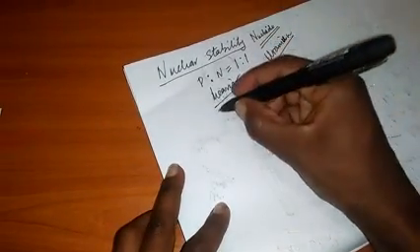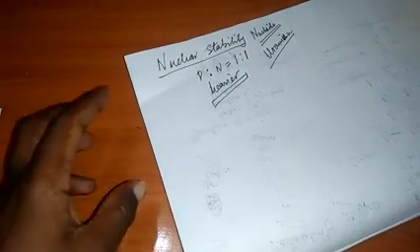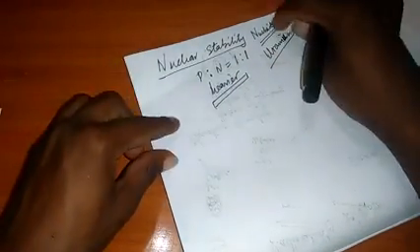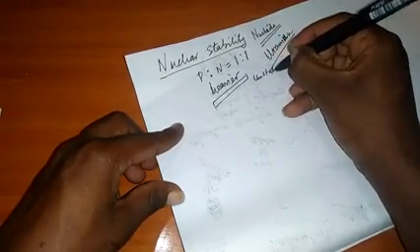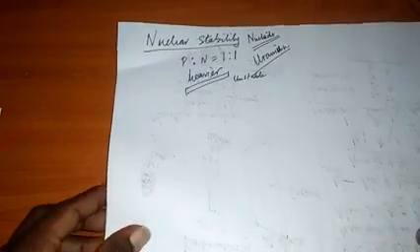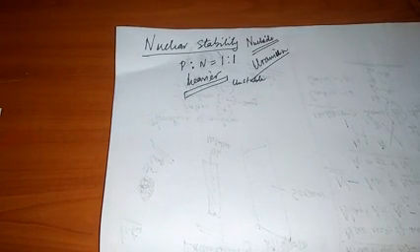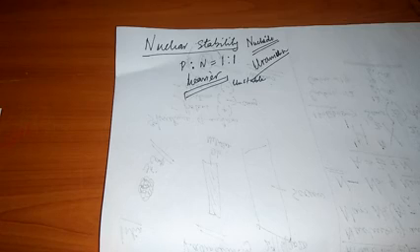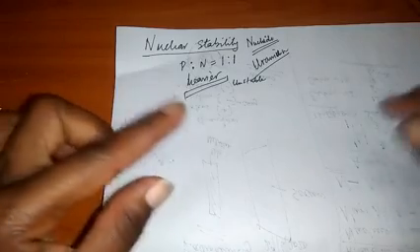And once the ratio is not obeyed, then that nuclide becomes unstable. And if it is unstable, then it is most likely to disintegrate. It is most likely to undergo radioactive decay, or what we call radioactivity, in order to achieve stability.